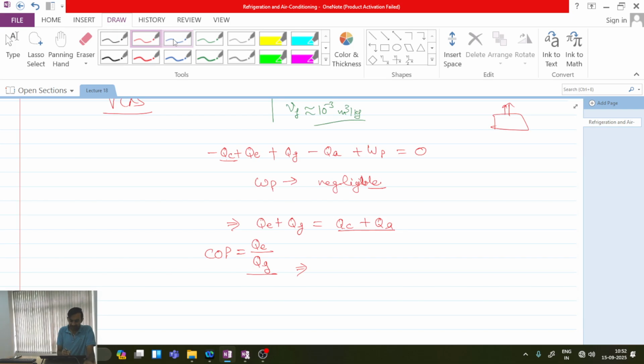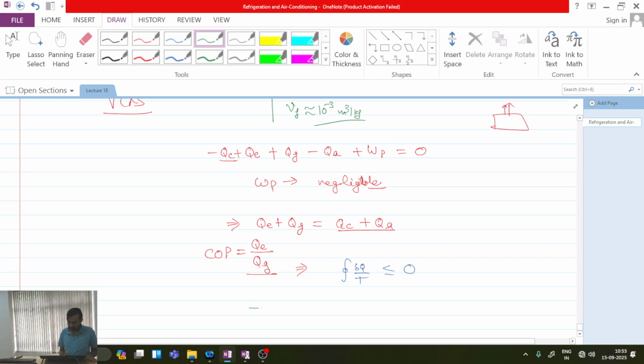Now, from the second law of thermodynamics, what we need to do is determine what could be the limiting value of the COP for this situation. So how do we define the limiting value of COP? Always we consider the most ideal situation. The most ideal situation is that all the processes are totally reversible. Okay. So if we go with that, then as per the Clausius inequality, the cyclic integral of del Q by T has to be less than or equal to 0.